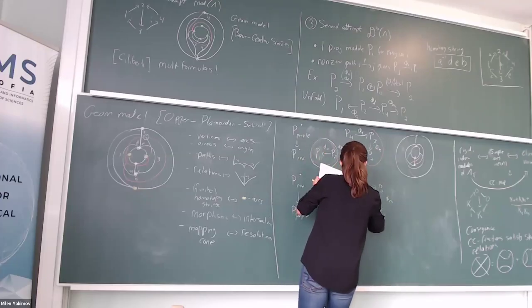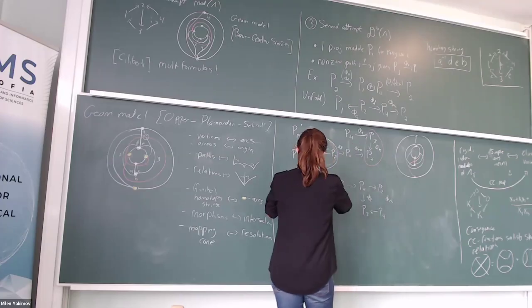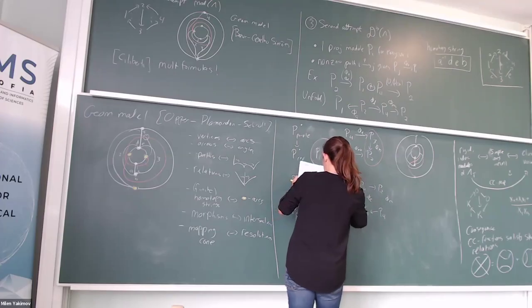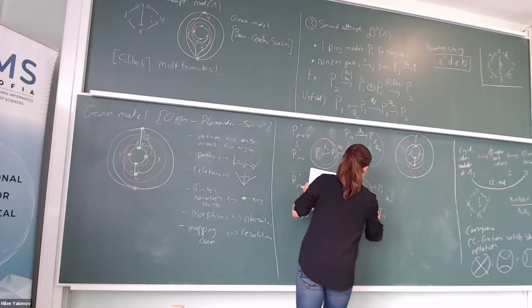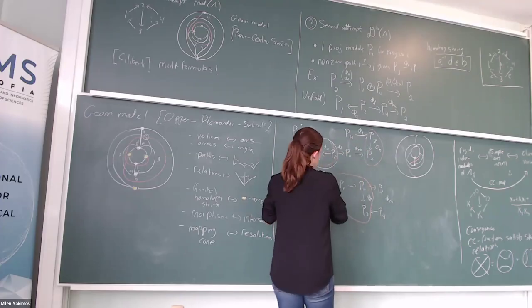This map is this. And then here your mapping cone is this.